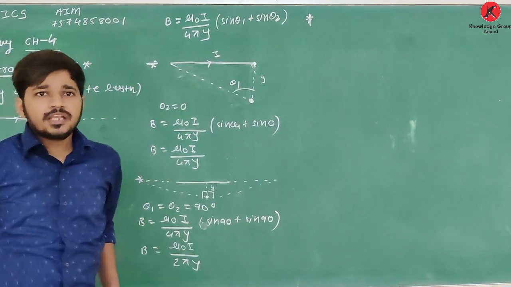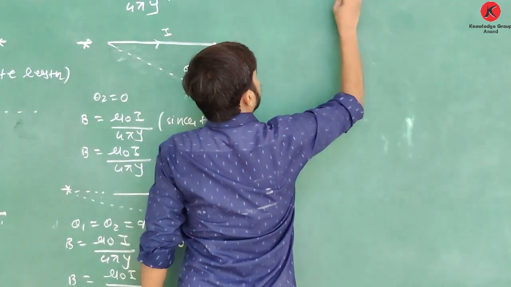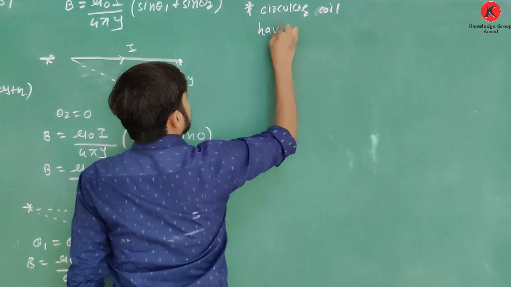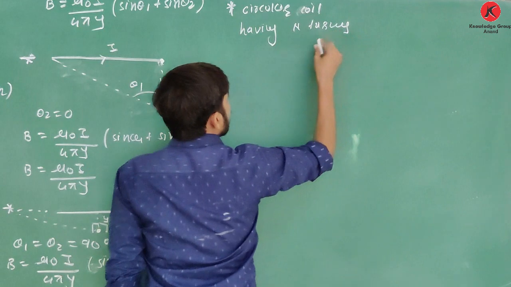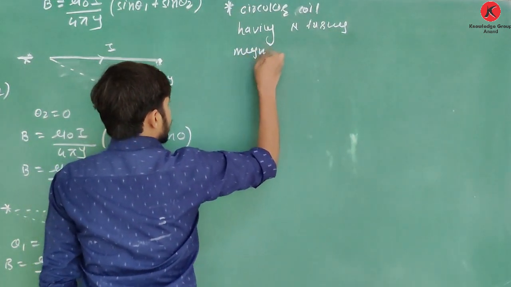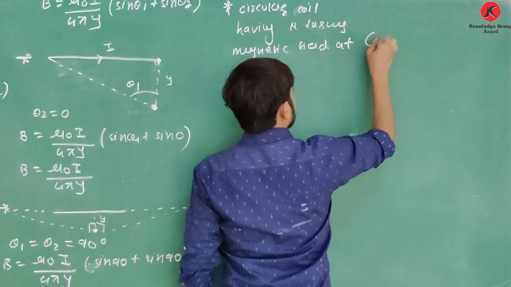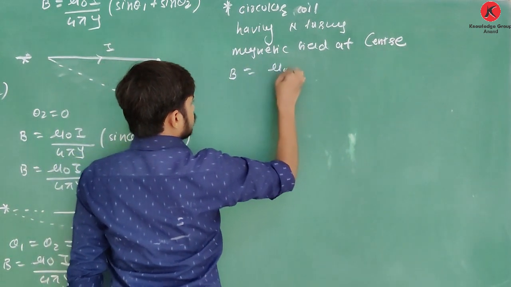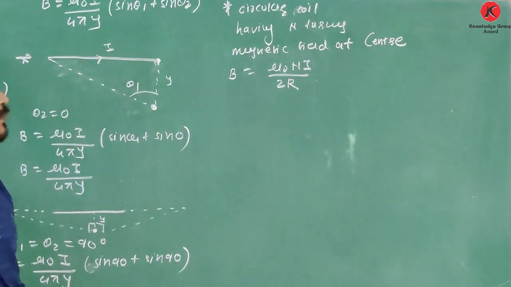We know that if we have a circular coil having n turns, then the magnetic field at the center is B is equal to mu 0 N I upon 2r.